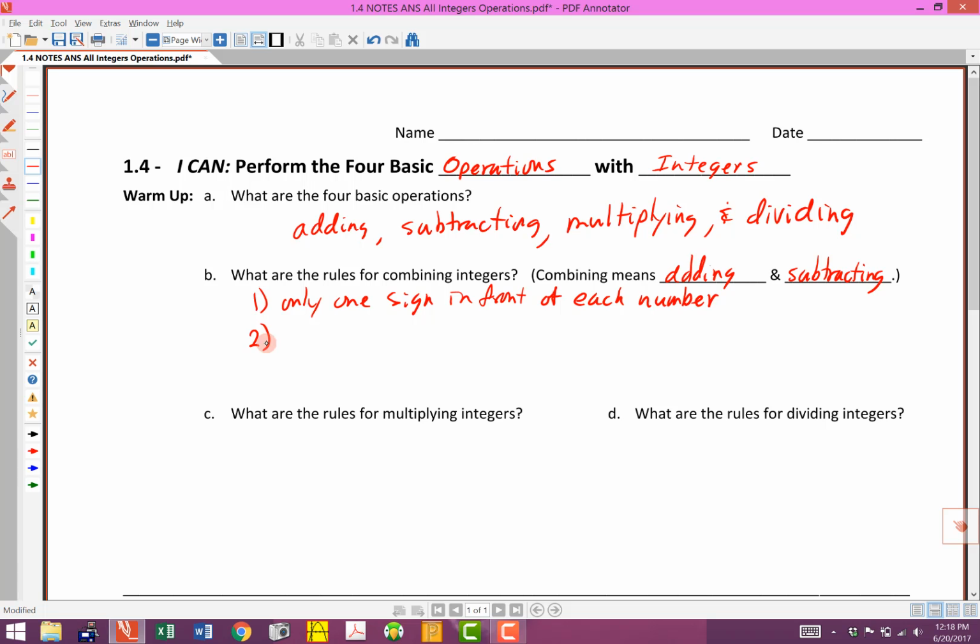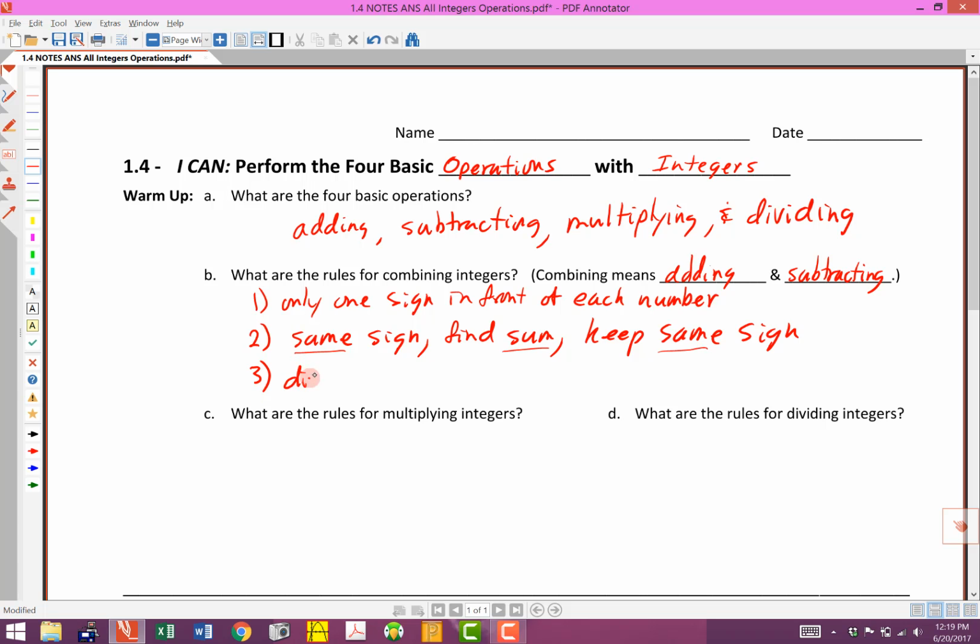So the first thing is only one sign in front of each number. And then we check and see if they have the same sign. Same sign, find the sum, keep same sign. And you can shorten that and just say same, sum, same. And then the third rule, of course, is what we do if they're different.